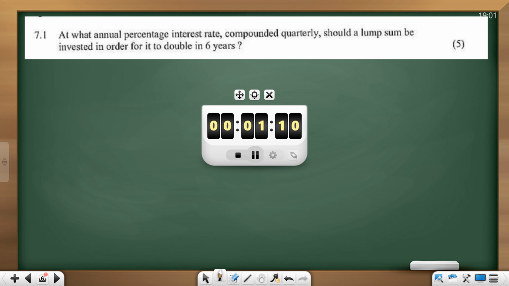11.72%. Okay, please confirm. Regan also confirms 11.72.